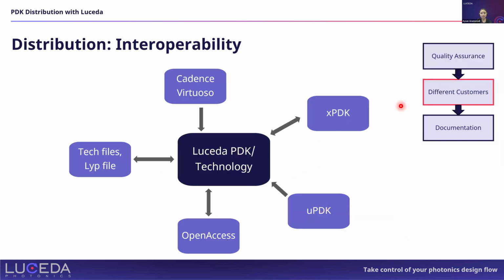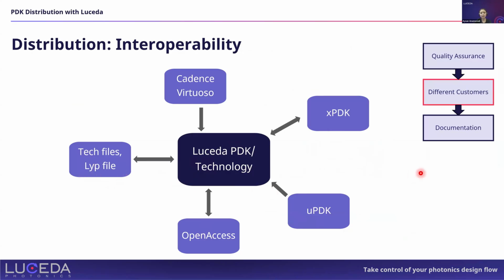Then once the PDK is ready, you need to distribute it in different formats because your customers may use different tools. So from the Luceda technology, you can export to different formats and generate the PDK, like XPDK, open access, and text files, KLayout LYP file.